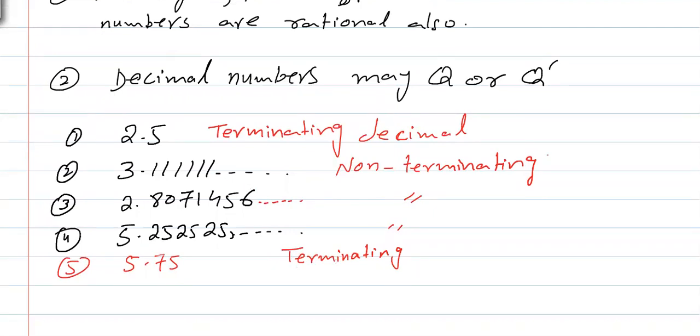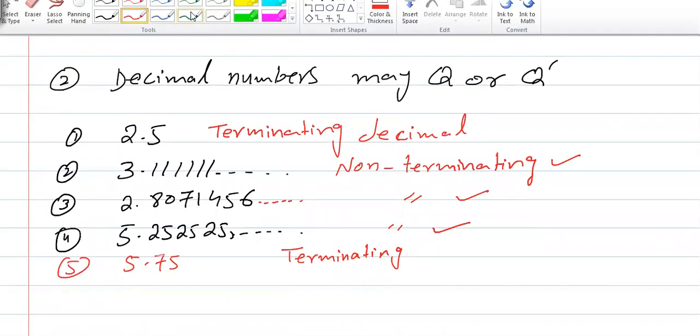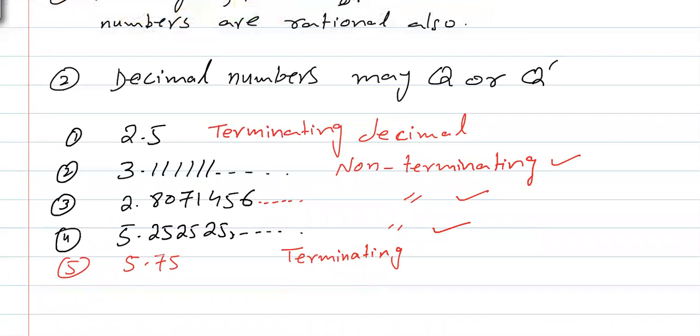Non-terminating decimals have two further categories. Category number one: once a number starts repeating, it keeps repeating. Such decimals we say are recurring. What is repeating, we call recurring, occurring again and again.